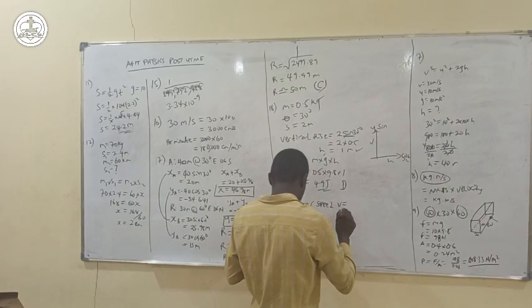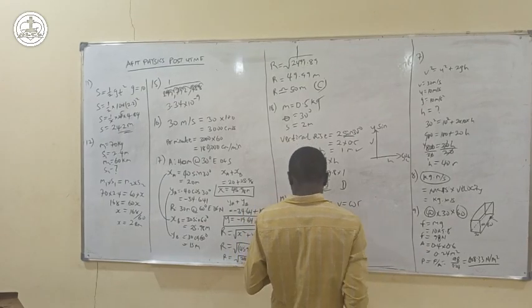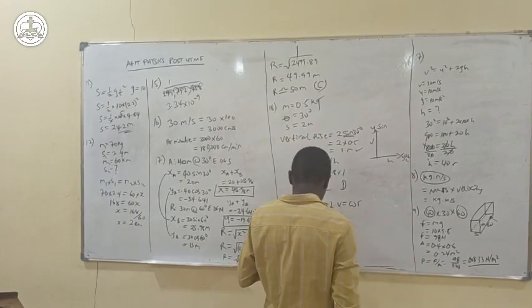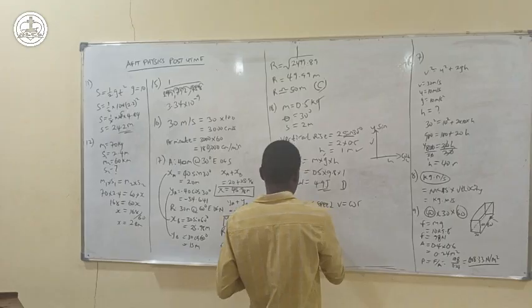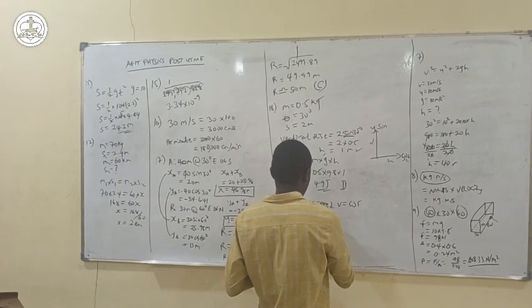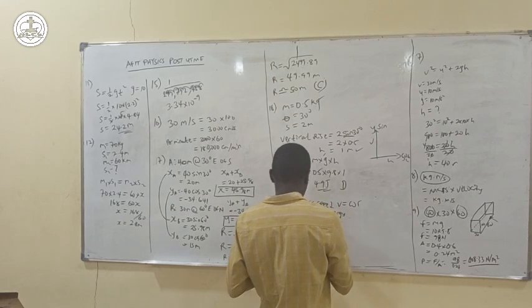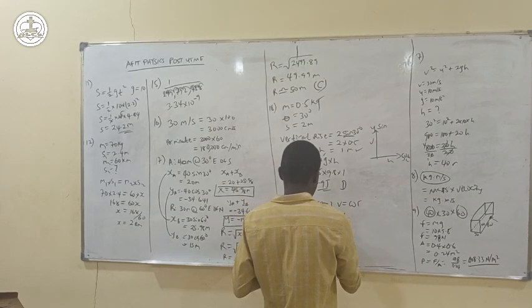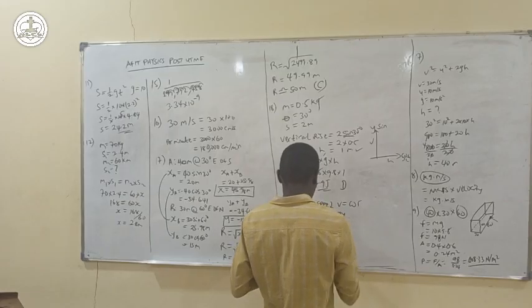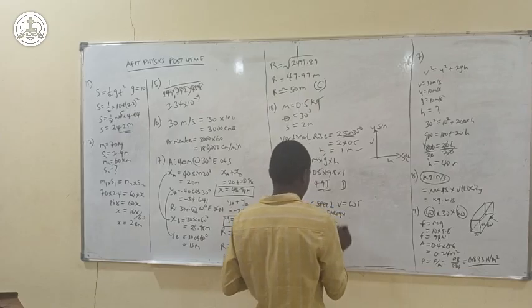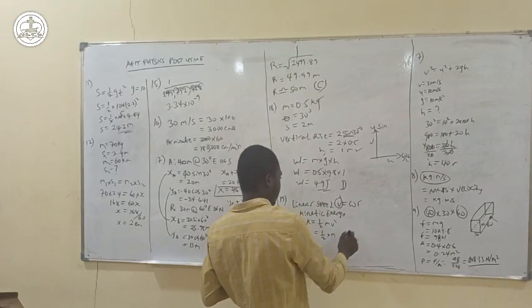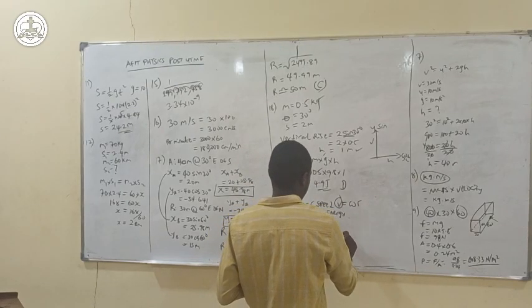v is equal to angular speed times radius, and kinetic energy K is equal to half mv squared, which is equal to what? Half times m. Remember, you said linear speed here, v is ωr, so you substitute it here.